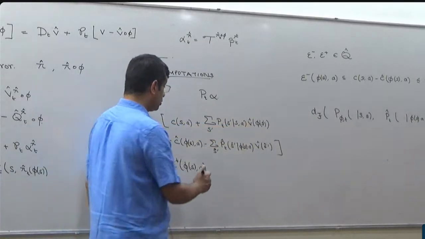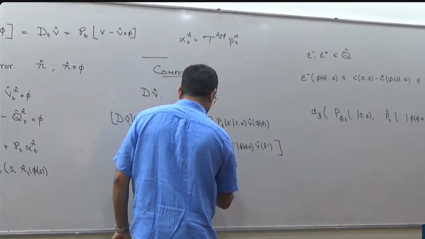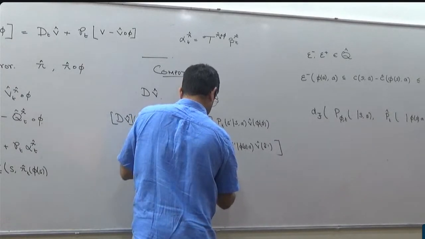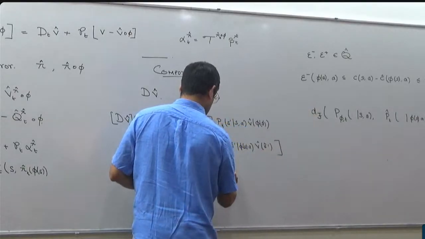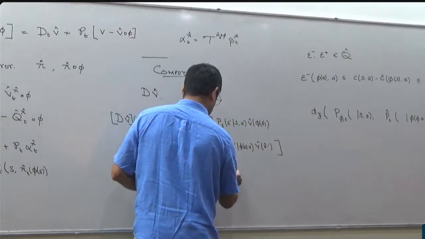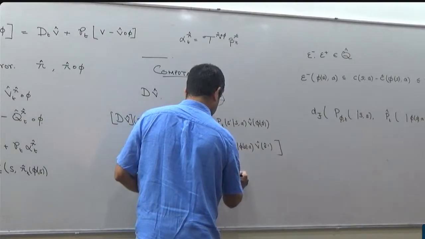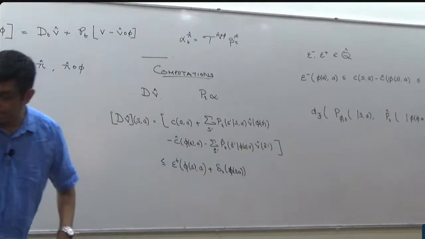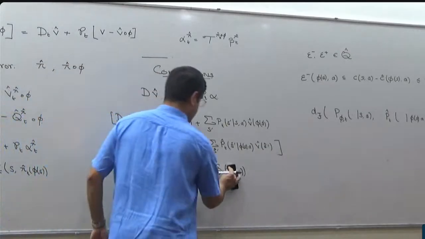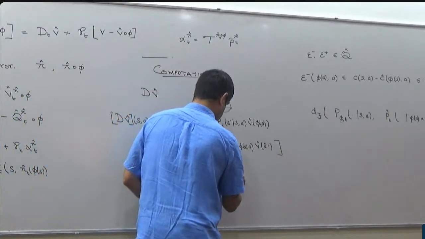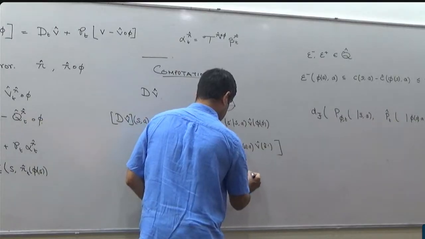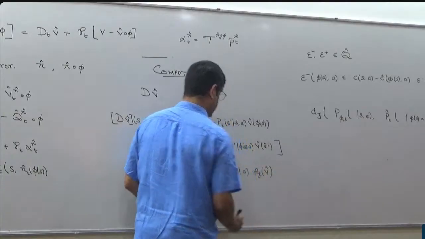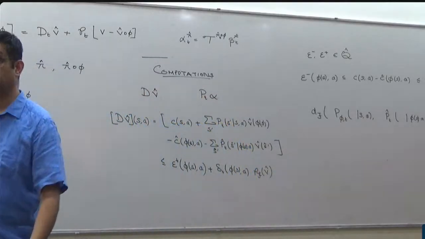So, this object is going to be upper bounded by the IPM distance, which itself is upper bounded by some function of phi of S and A times rho f of V hat. The lower bound will be similar.